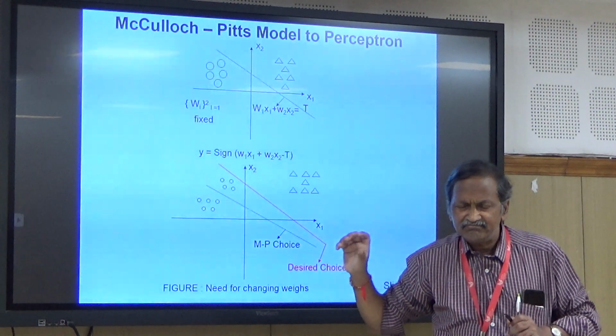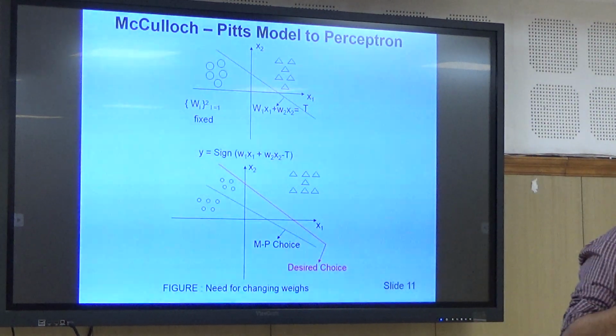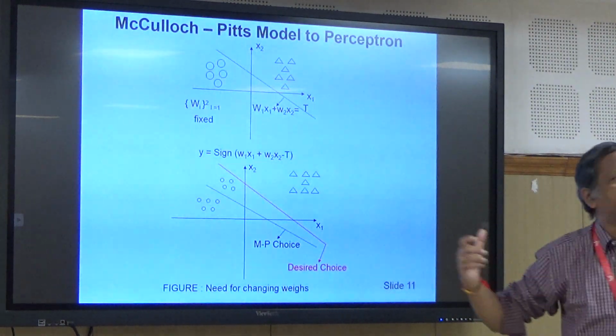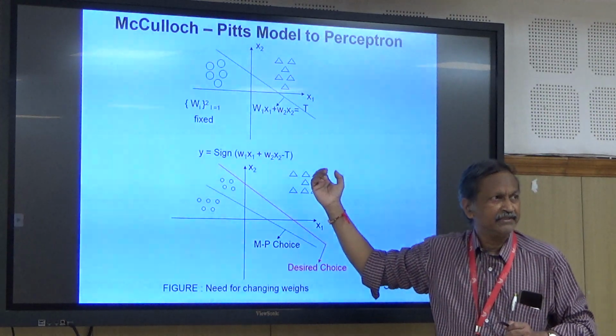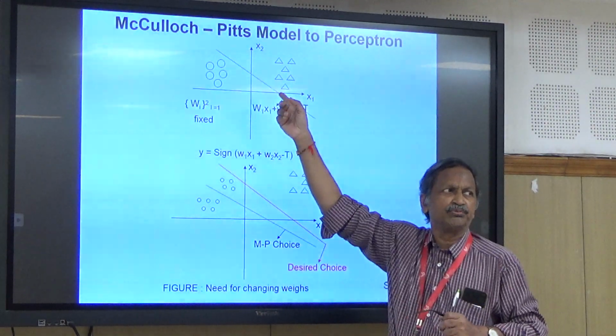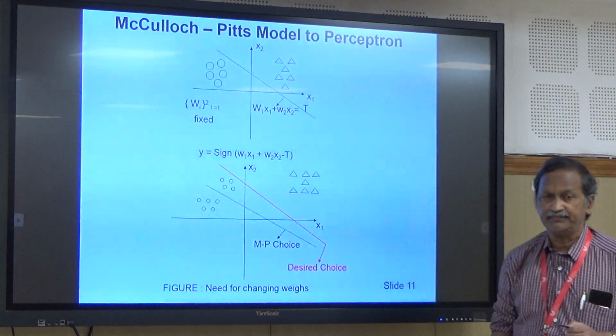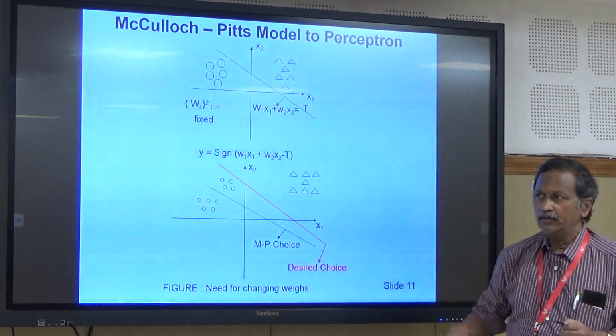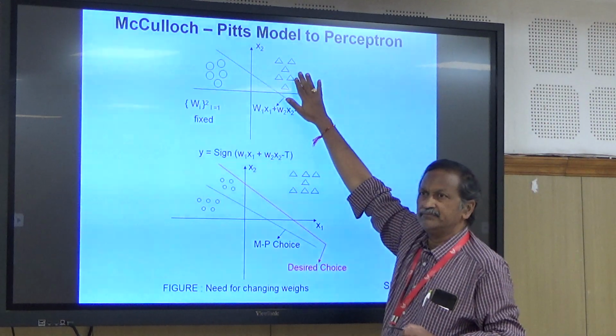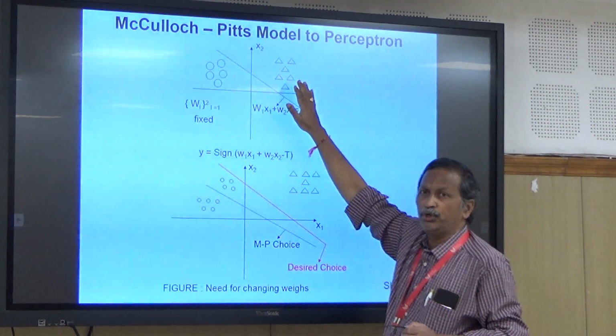So this somewhat different looking equation is actually a line. It's actually a line in the x1, x2 plane. So now comes the question. I give a pattern, and what does it do?